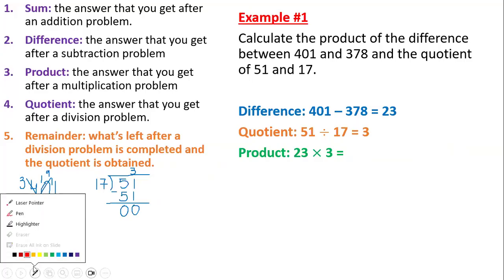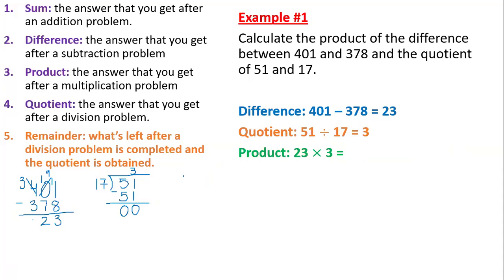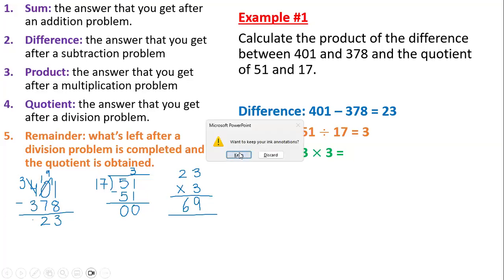So we have 23 multiplied by 3. 3 times 3 is 9. 3 times 2 is 6. Which is going to be 69.